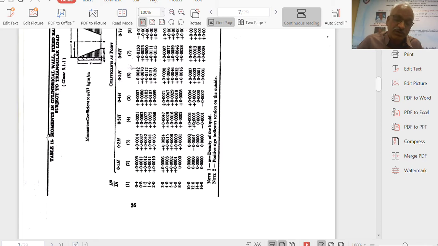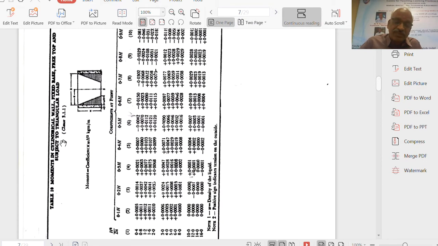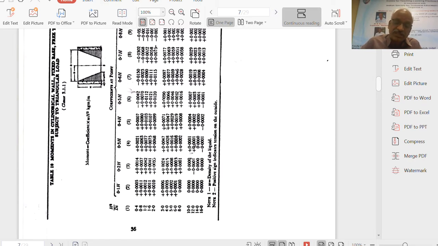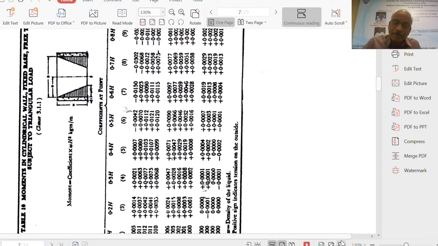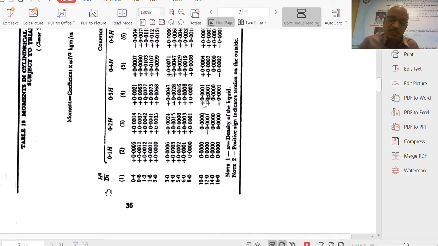So we are going to use Table number 10 later. You can see the formula. Before seeing the formula, the values have to be taken based on the H square by D T ratio.